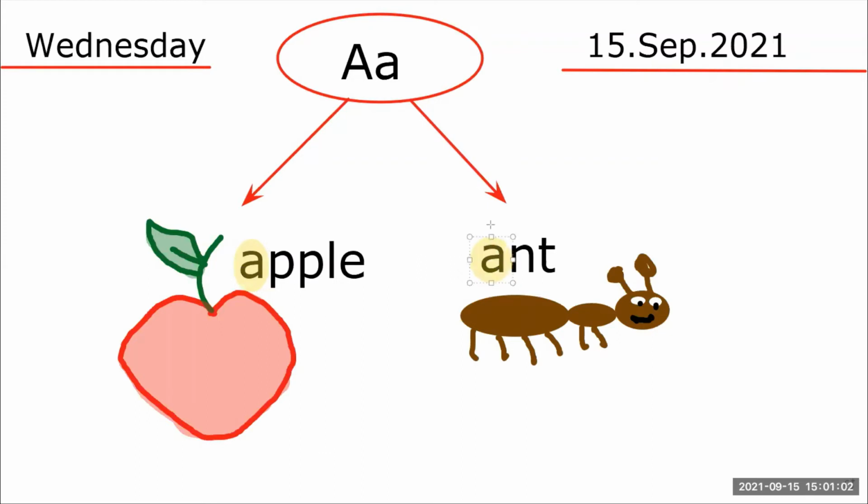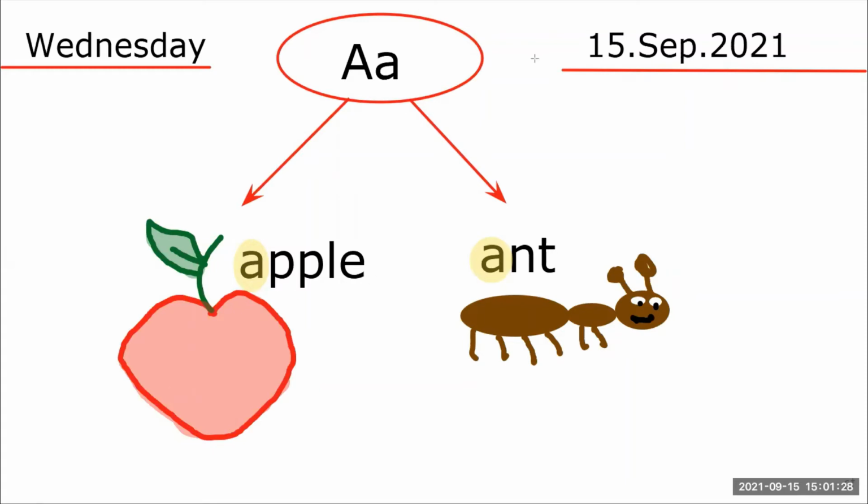So the first letter is A, and the sound of this letter is A. Apple, A, ant. Is it clear? Hopefully it is. So that's it for the examples: the letter A, and the examples apple and ant.